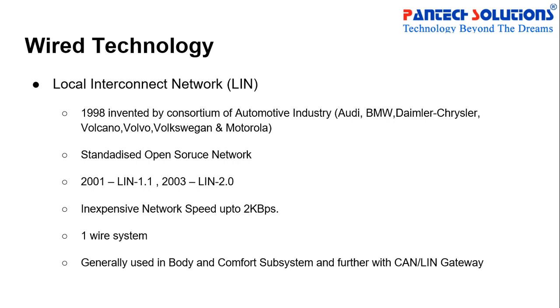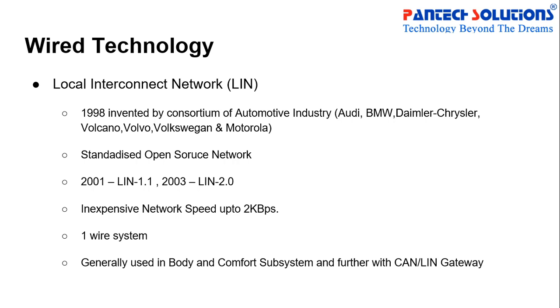All the vehicle manufacturers formed a body, and that body funded a research laboratory. That research laboratory invented this protocol to give the perfect medium to transfer data from one end to another within the vehicle itself.